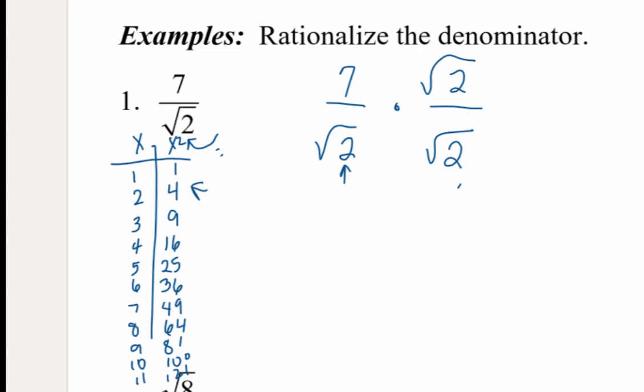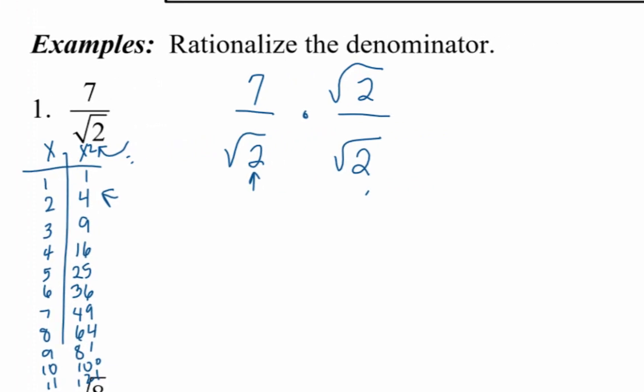Of course, anything that we do to the denominator, we have to do to the numerator to keep this fraction equivalent. So that's why you see me multiplying both of these by the square root of 2. So on the numerator, we have 7 square root of 2. As you know, we can multiply terms that have radicals.